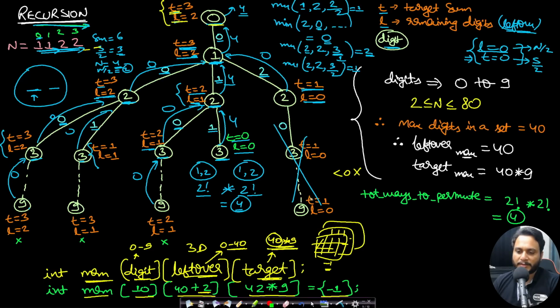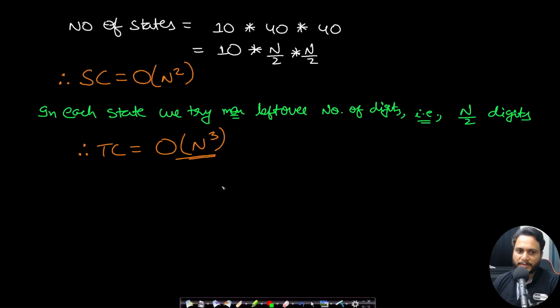It is impossible. So I'm just filling the table with an impossible value, so that if I look at a value and it is not -1, that means the answer has been calculated, and I simply return that. Otherwise, if I see a -1, then I will follow the recursion. Now the total number of subproblems in this case is going to be 10 times 40 times 40, which in terms of n, you can say 10 times n by 2 times n by 2.